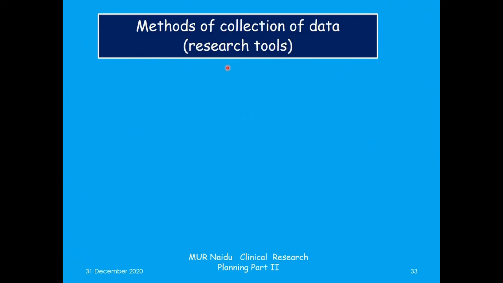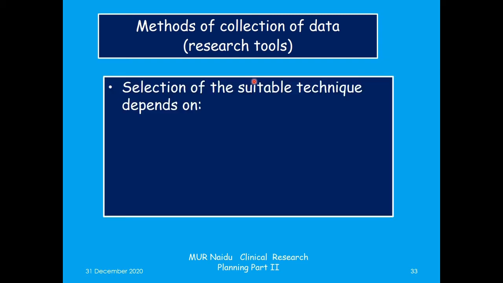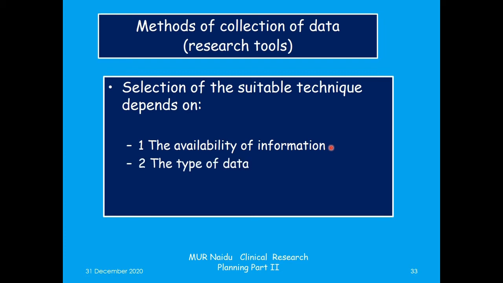Coming to methods of data collection, they are also known as research tools. The selection of a suitable technique depends, number one, on availability of information about that particular type of research tool or instrument; number two, the type of data which is to be collected during the clinical study; number three, what resources are available to collect that data or to make that research tool available for getting the information from the participant.